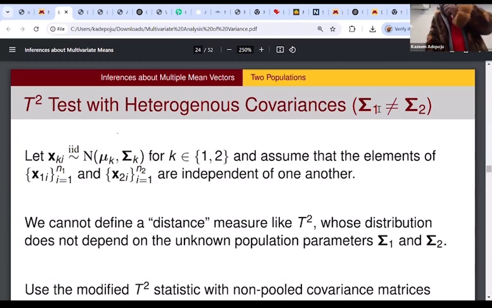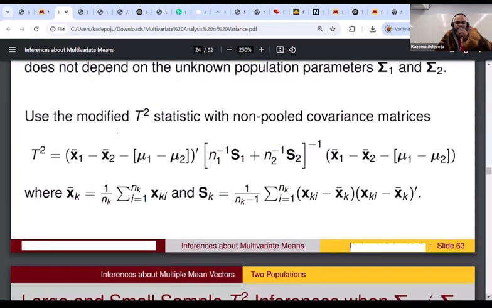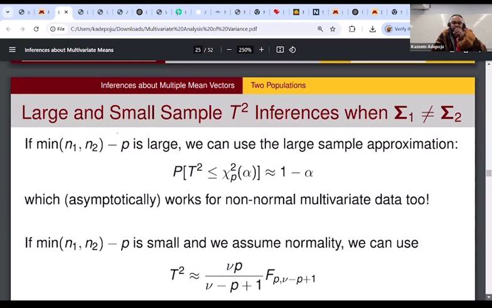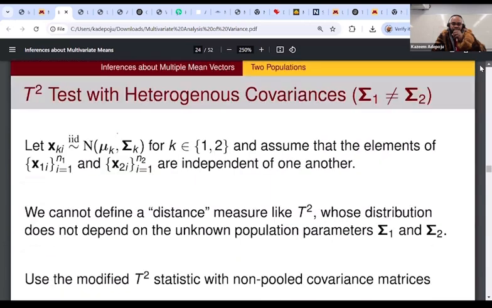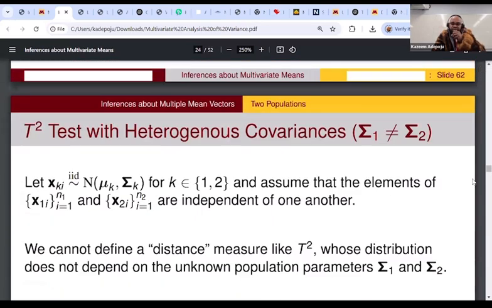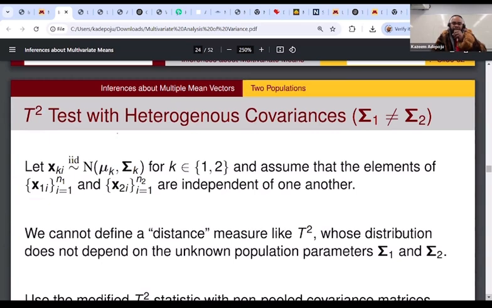Now, if I want to test for the two covariances, what am I going to use in the testing? Okay. Now, I think what I'm going to do is start from here on Friday. What I'm going to start on Friday is how do we test for equality of the covariance?